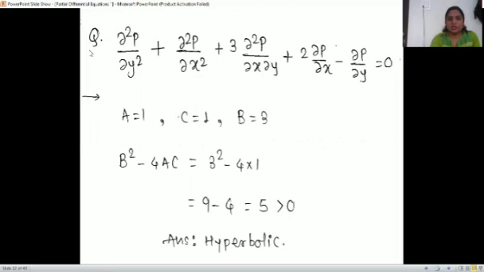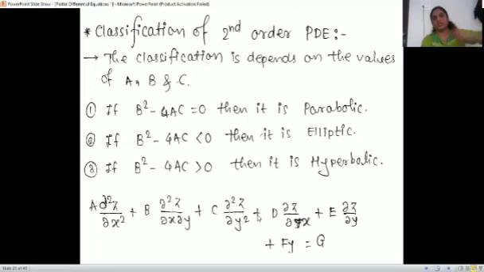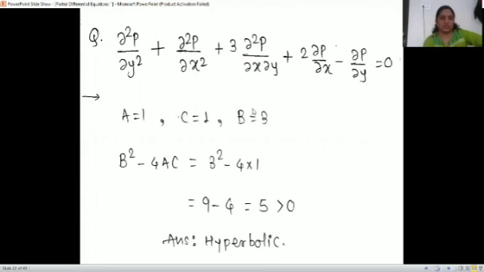And C is the double derivative with respect to y, so C is 1. So now we find b square minus 4ac, that is 3 square minus 4, 9 minus 4, that is 5. And 5 is greater than 0, that is positive. And if it is greater than 0, then the equation is hyperbolic. So the given equation is a hyperbolic equation.